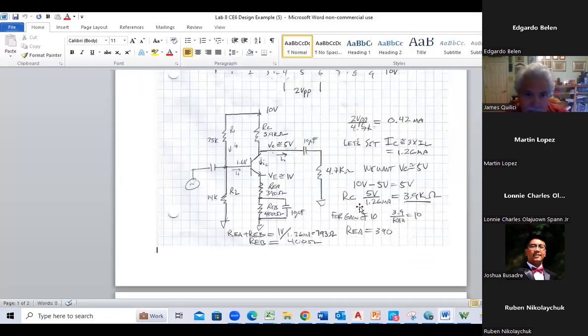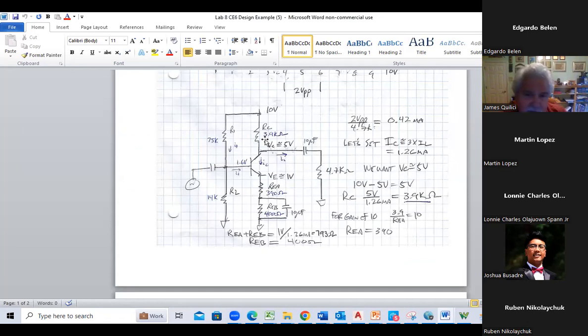Okay, so this was designed for 10 volts. Because of my kit, I have to design it for a 5 volt supply. So I recalculated this and I calculated that RC should be 2000 ohms.